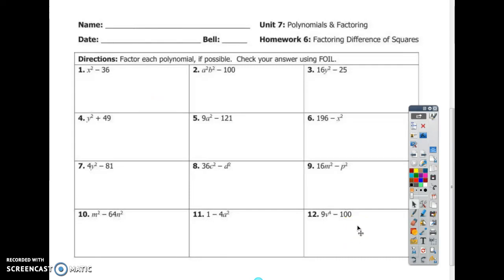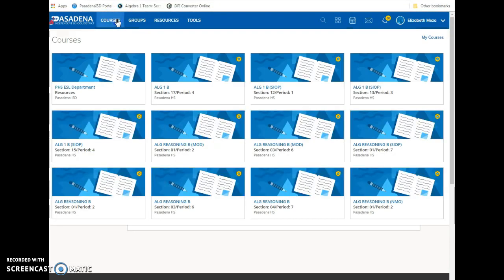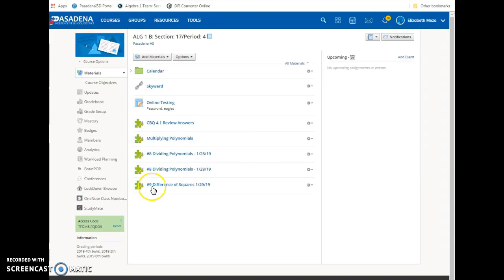I would put the answers on here first and then transfer them to Schoology. So it's in courses, pick your course, and then it's right here where it says number 9, difference of squares. You click on it and you start and you put the answers. But work on the worksheet first and then transfer your answers onto here.